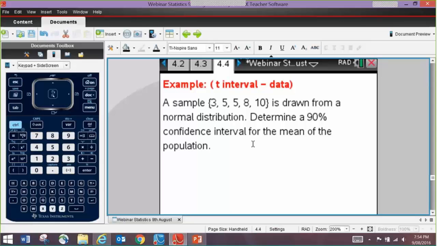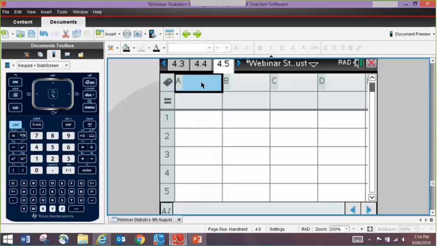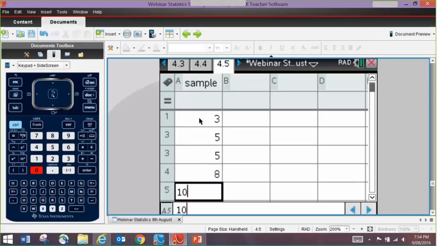Determine a 90% confidence interval for the mean of the population. So the first thing I need to do is enter my data. I do like to call it data or sample or something simple, so I'll call this one sample. And my values were 3, 5, 5, 8 and 10.